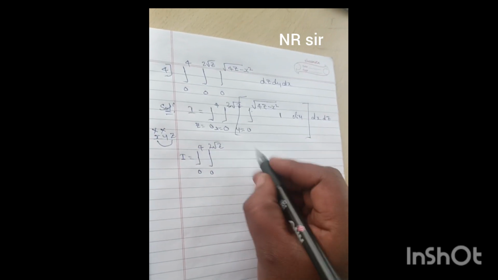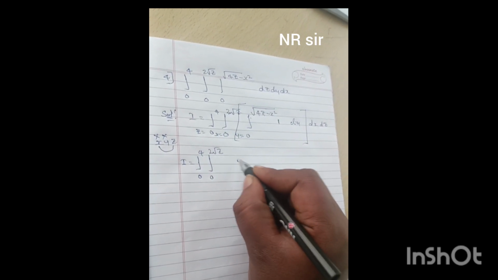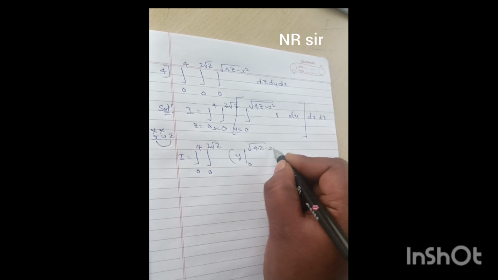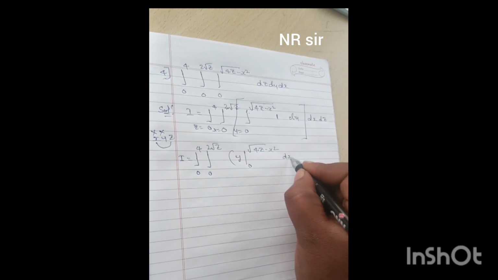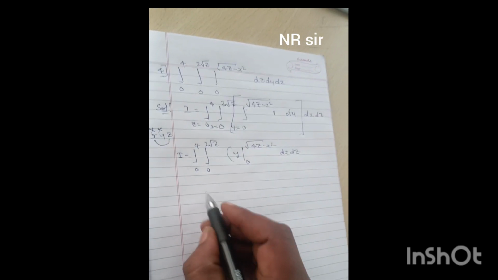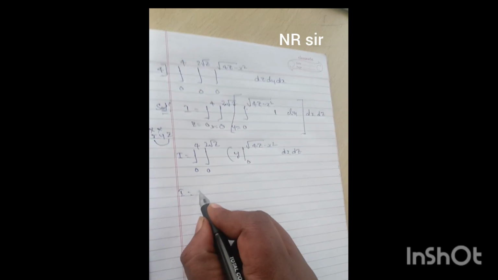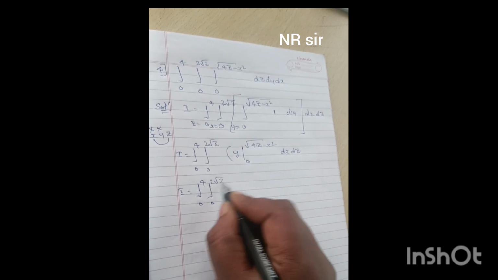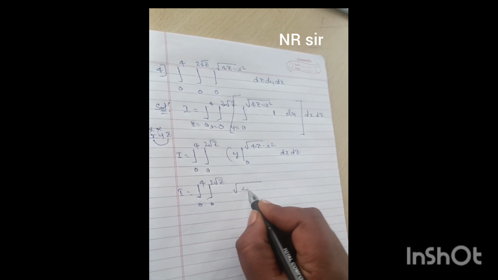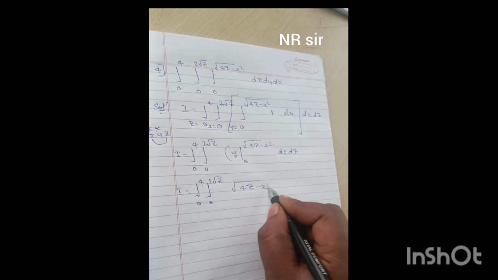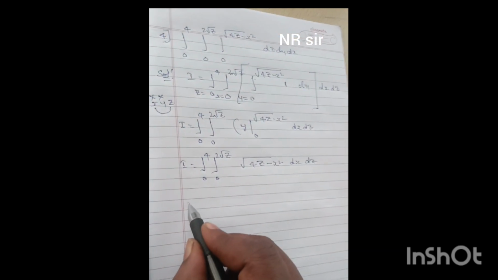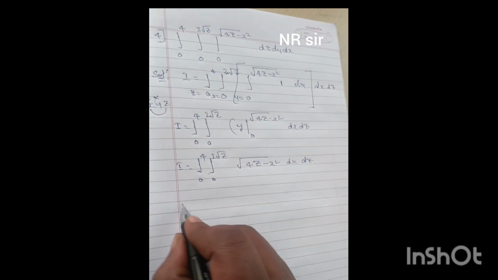Integrating gives y from 0 to square root of 4z minus x square, with dx and dz left out. Applying the upper limit minus lower limit, this becomes the integral from 0 to 4, 0 to 2 root z of square root of 4z minus x square dx dz. To solve this integral we have a formula, so let us solve using that formula.